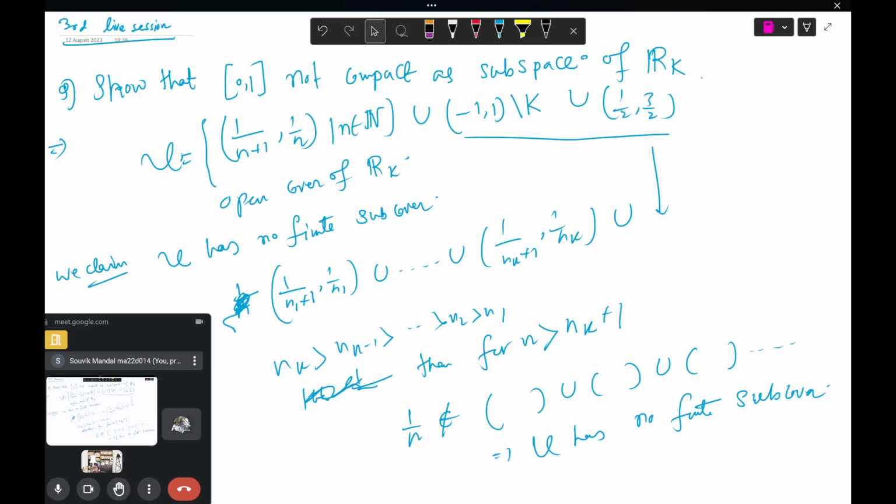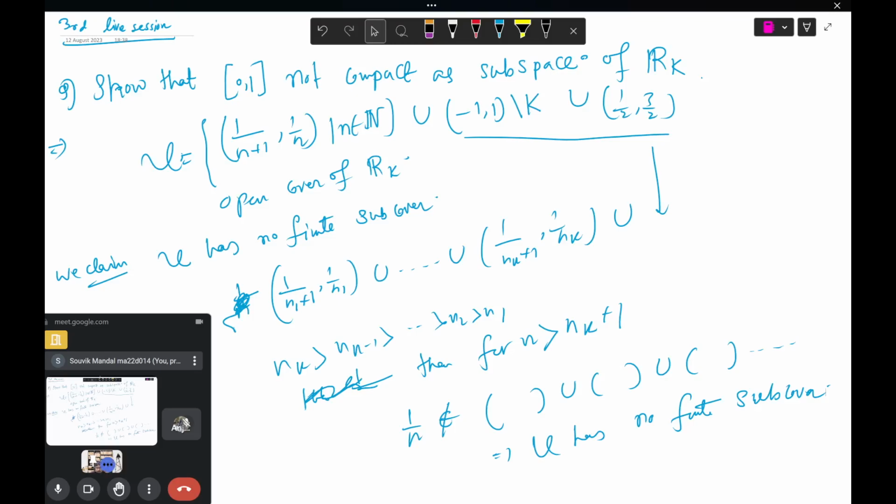So the first question is that the closed interval [0, 1] is not compact as a subspace of R with the K topology. By the way, can you recall the definition of R with the K topology? Sir, it has a basis of the intervals (a, b) and the sets (a, b) minus K. Correct.